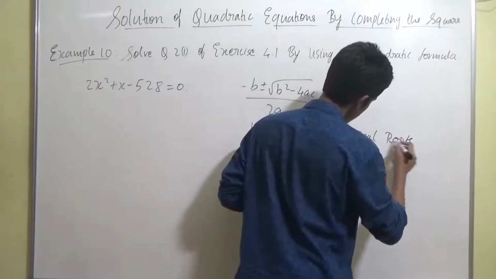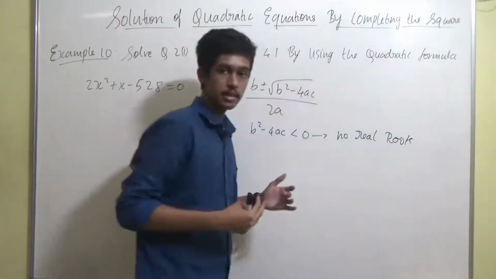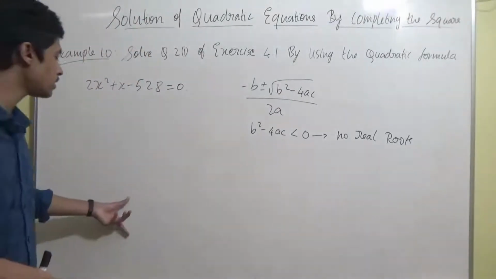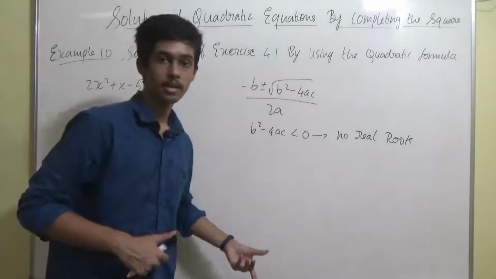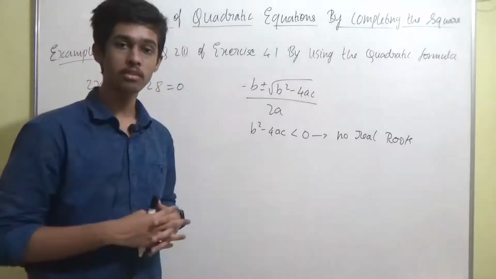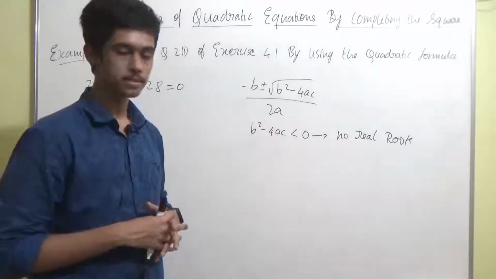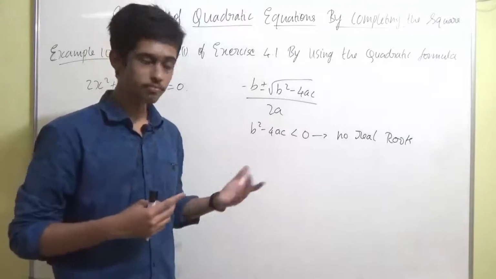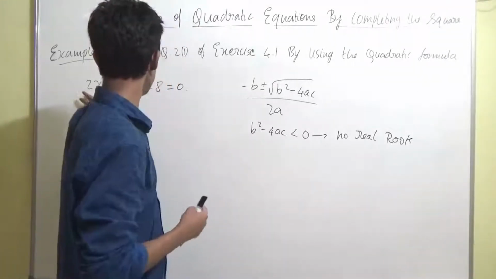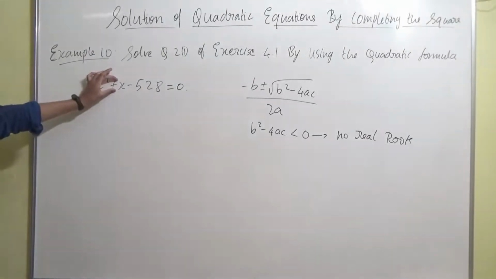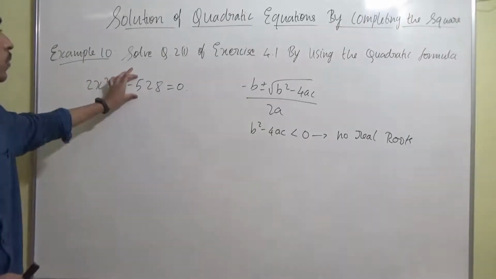Like in the last question, we got a square term equal to a negative, something like minus 71 by something. If it is negative, it has no real roots, right? So if you get b square minus 4ac after substituting the values, this is a, the coefficient of x here is b, and minus 528 is c, right?